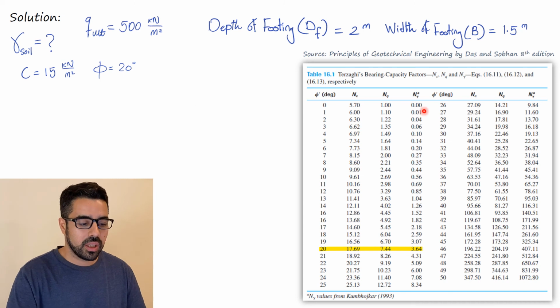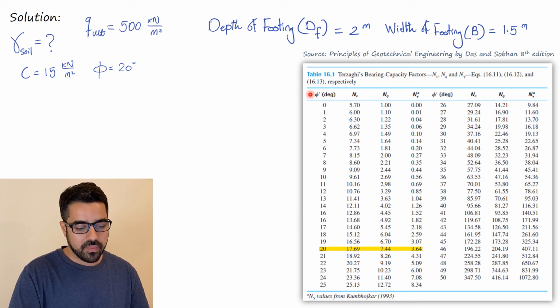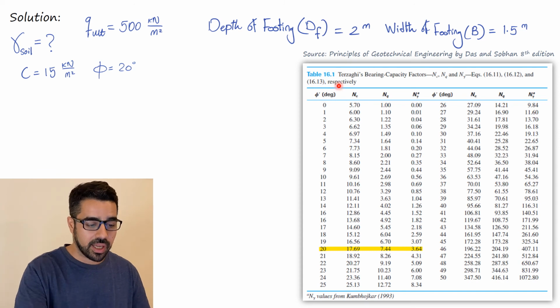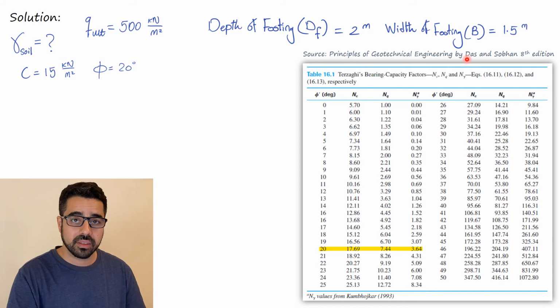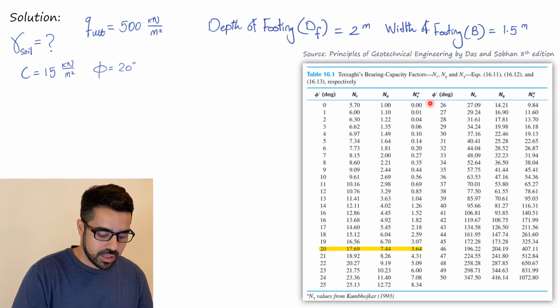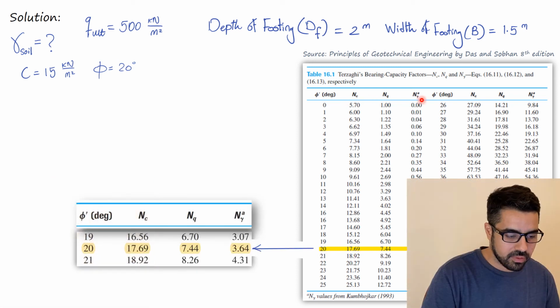If you go to Table 16.1, Terzaghi bearing capacity factors, and check using phi, the angle of internal friction, the source again is Principles of Geotechnical Engineering by Das. This is the book, very useful and very helpful. Since we have the angle of internal friction, we can find Nc, Nq, and N gamma from the table. Those numbers are 17.69, 7.44, and 3.64.